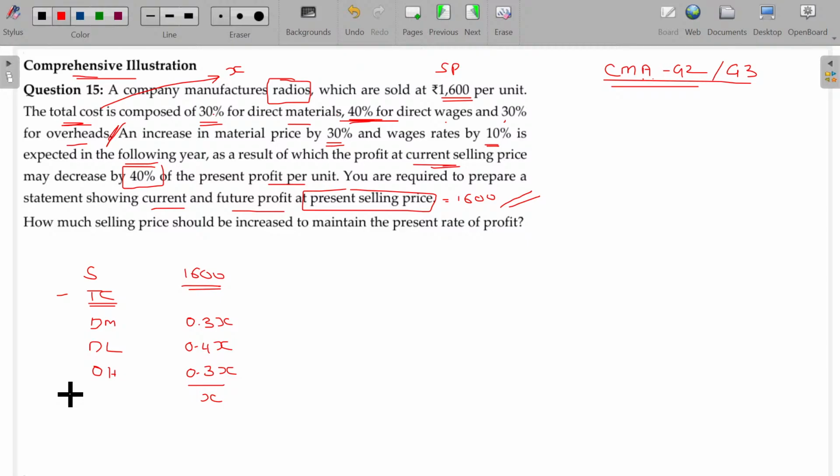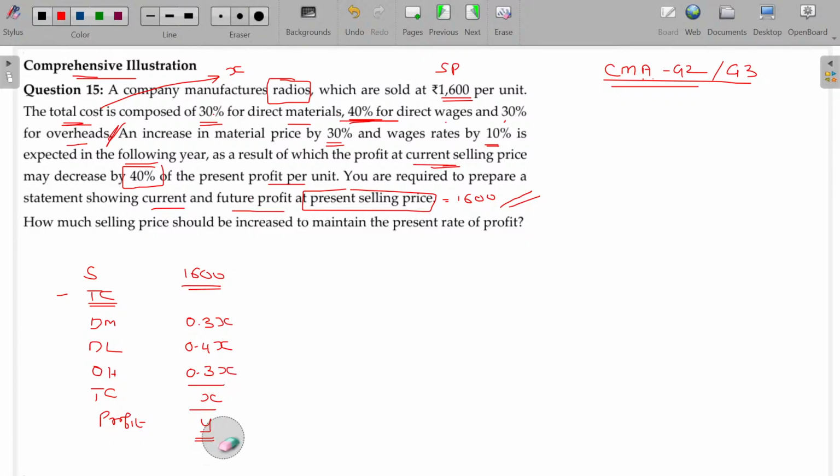That will be x. Now, if you add the profit to this, I assume the profit being y. This is total cost, profit being y. Clear? Or 1600 minus x, that way also you can show.